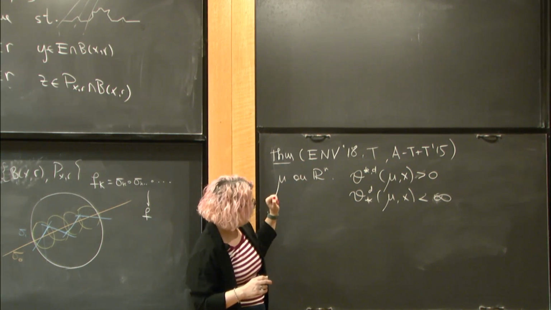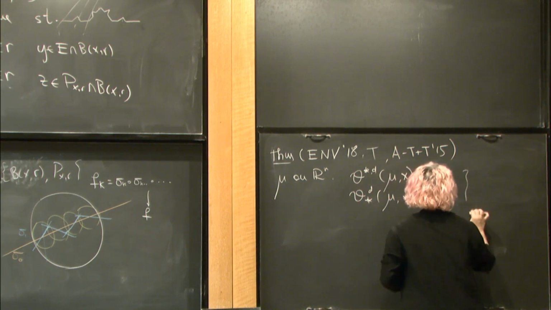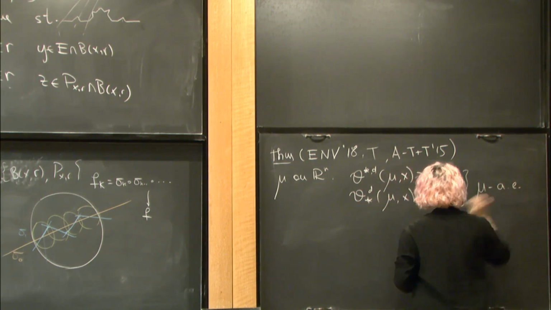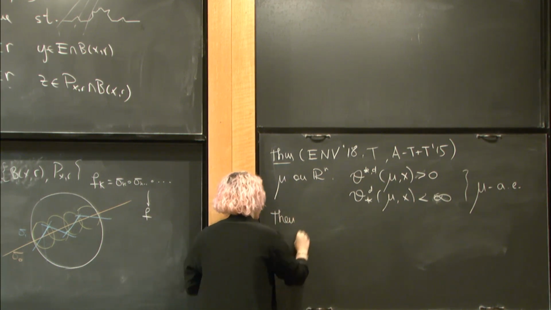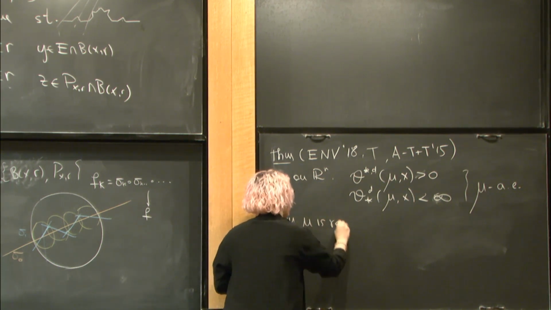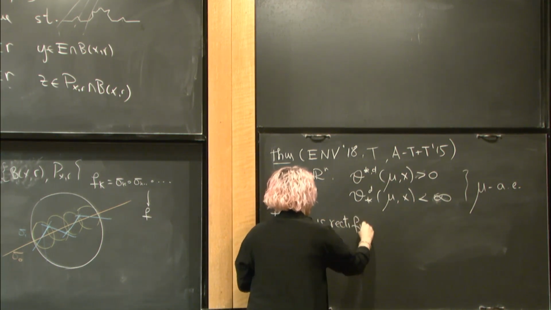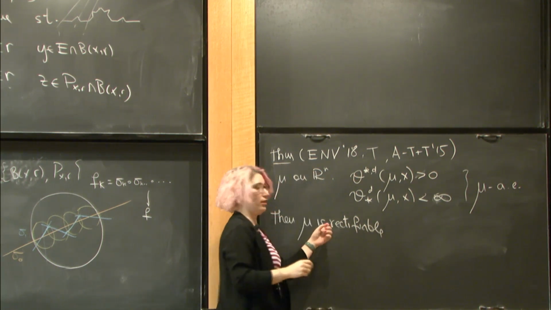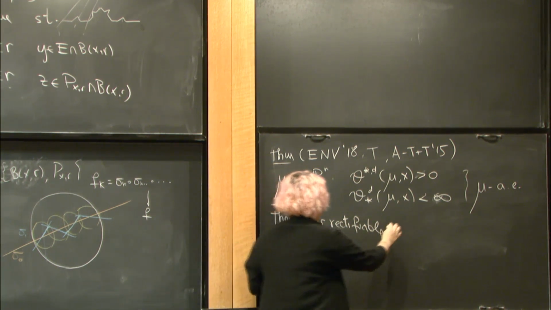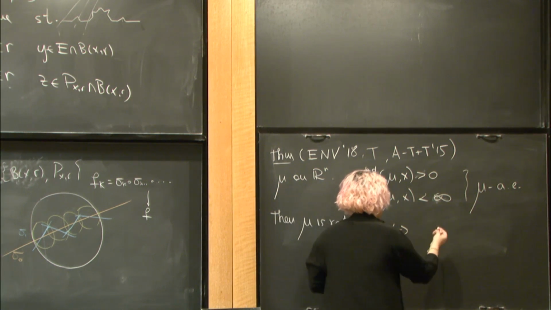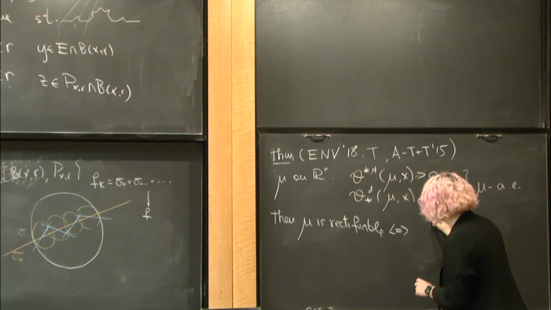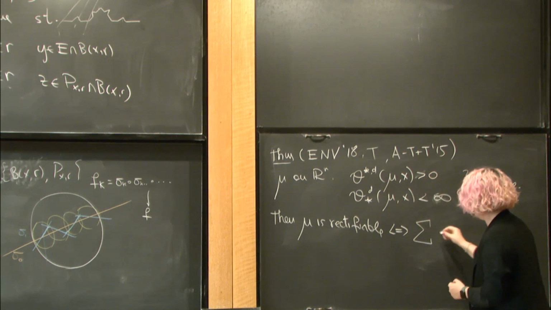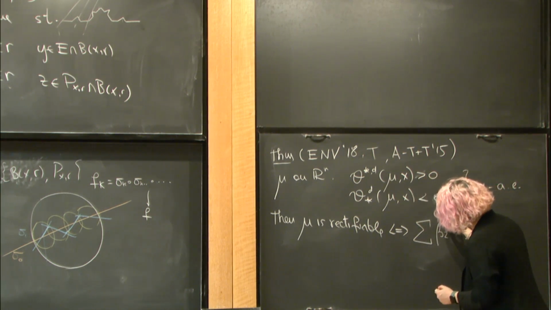Where do I want that? Mu almost everywhere. Then mu is rectifiable, and when I don't write anything, I mean Lipschitz, if and only if the integral of beta 2 squared is finite almost everywhere.